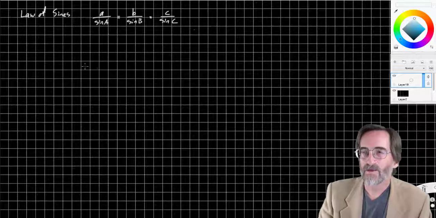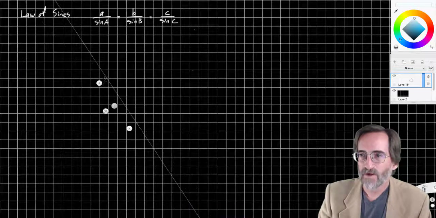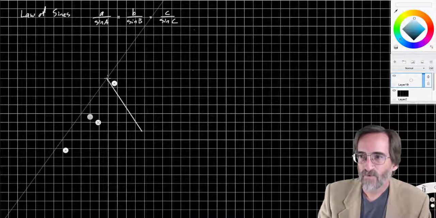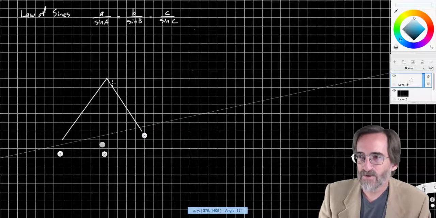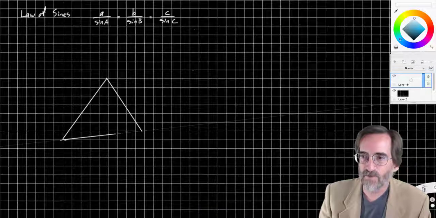Okay? And that's when we have a triangle in this format here. We have a triangle like this, where one side is A, another side is B, another side is C. So we label the vertices with capital letters, capital A, capital B, capital C. And we put the lowercase letters across from the uppercase letters.